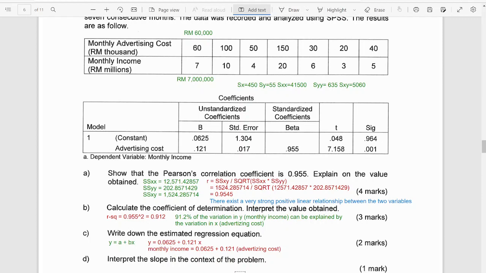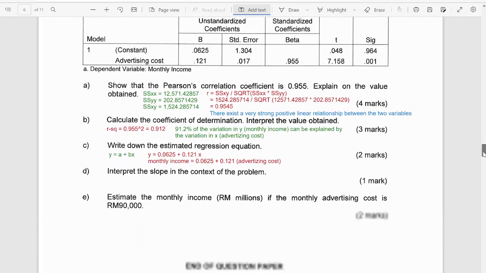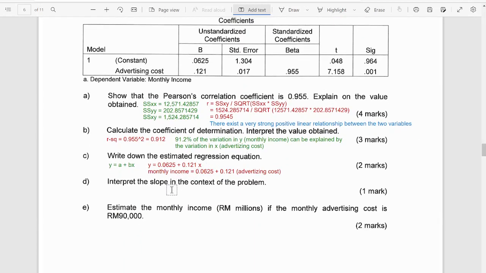Okay. Dapat. And then the next part is to explain or interpret the value of the slope coefficient. The slope coefficient is given by the value b in the output and also the value b in the equation. So here you have the value b in the equation is 0.121.